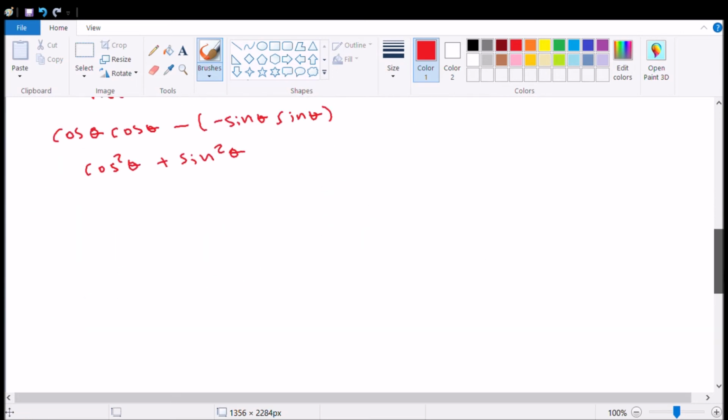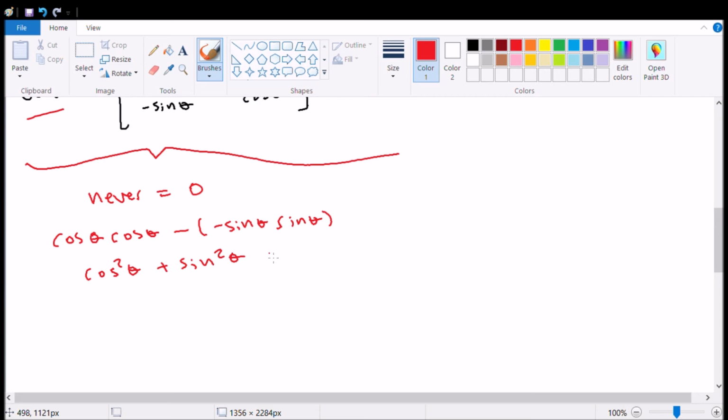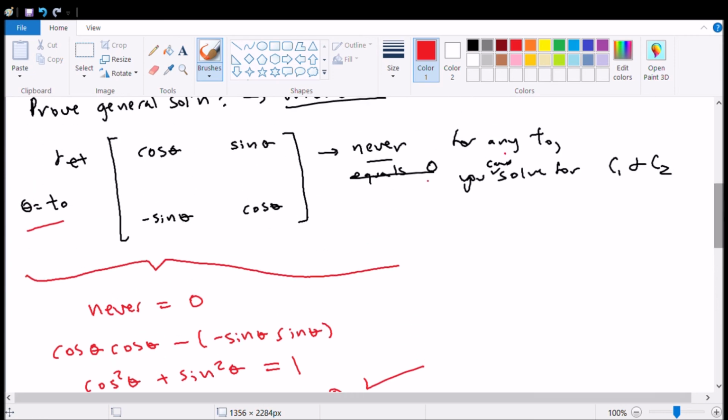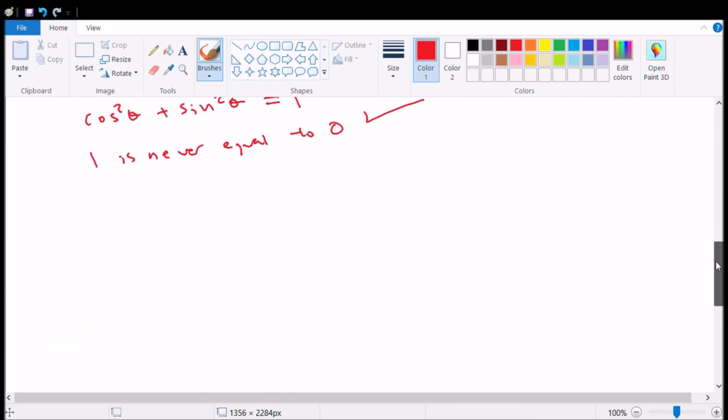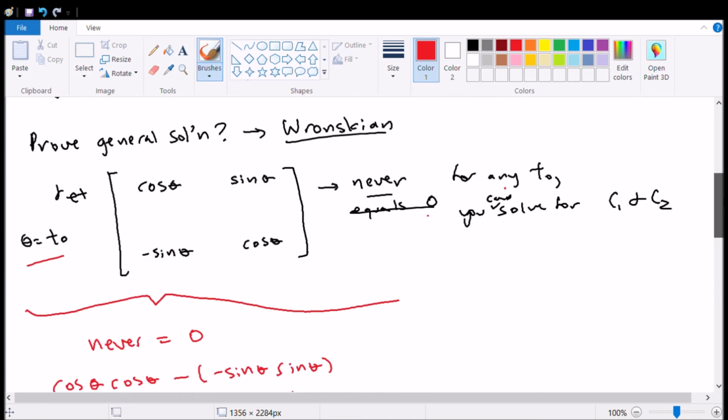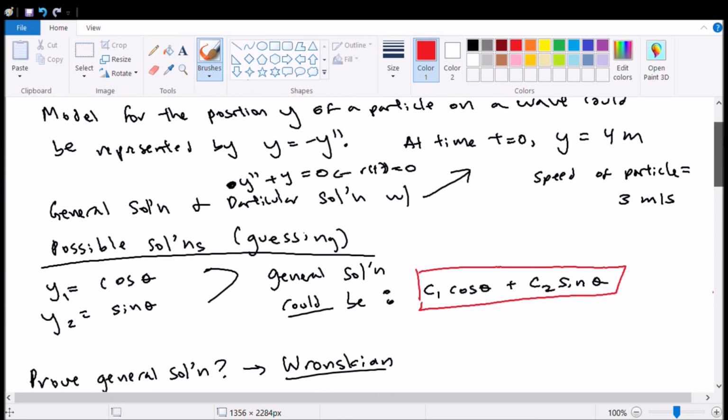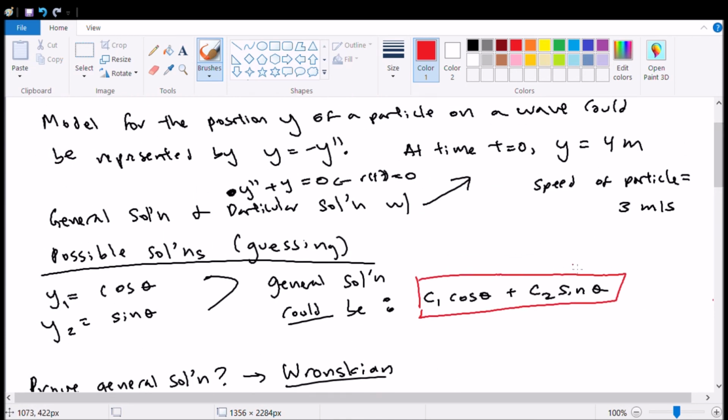What do we know about cosine squared theta plus sine squared theta? This equals 1. 1 is never equal to 0. Therefore, since 1 is never equal to 0, C1 and C2 can always be solved for with any initial condition, provided that the general solution is of this form. And because C1 and C2 can be solved for any initial condition, this is indeed a general solution.